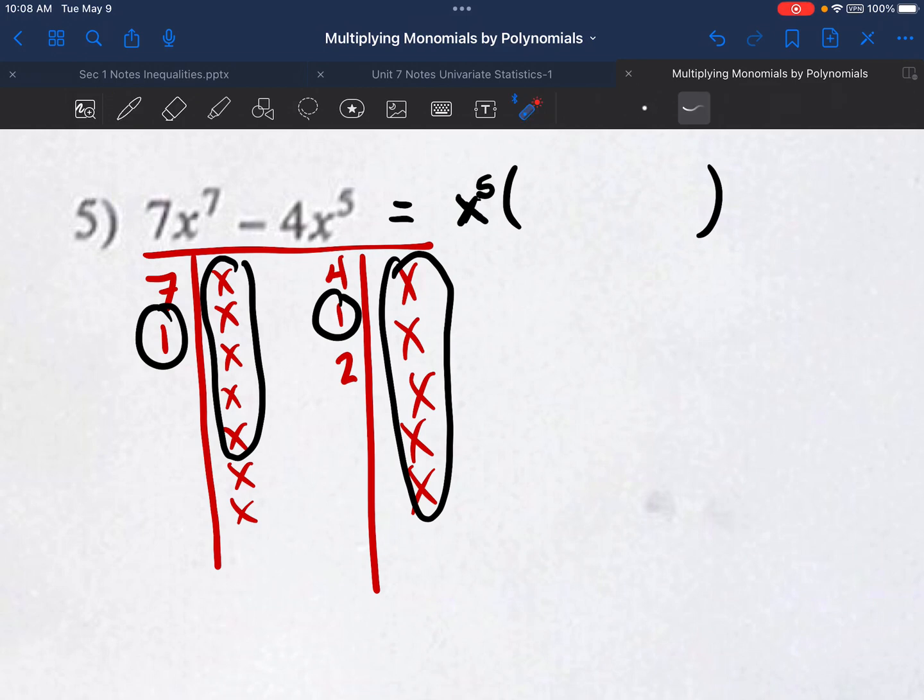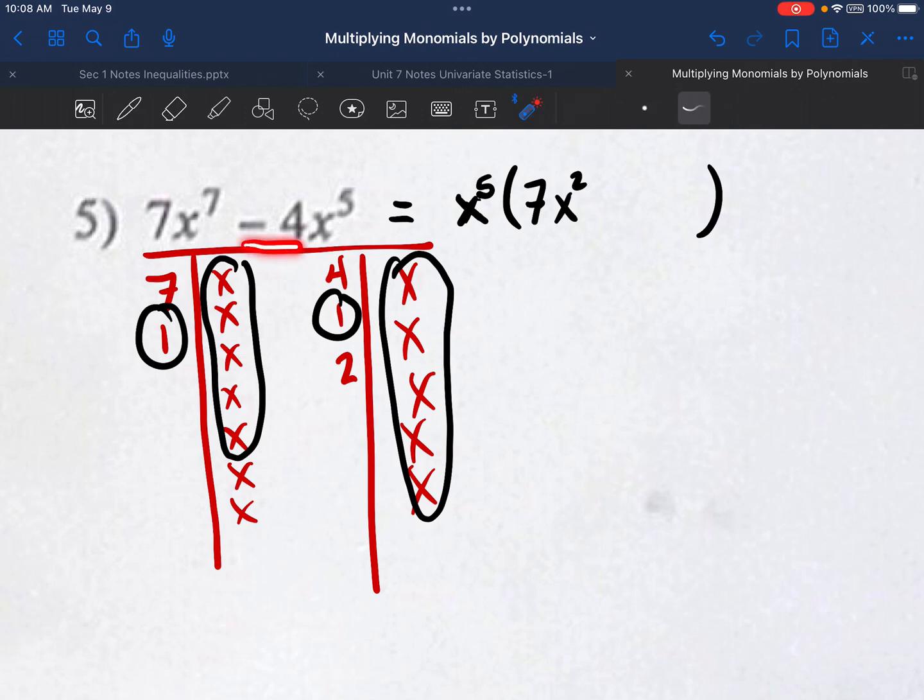Alrighty, let's see what's going to be left of this expression after I take out x to the 5th. Well, let's see, what's 1 divided by 7? Oh, it's still 7. Alright, and if I have 7 x's and I take away 5, how many x's do I have left? Just 2.